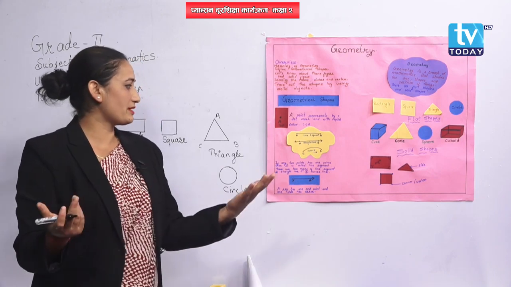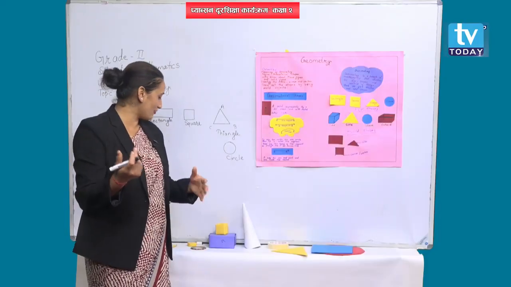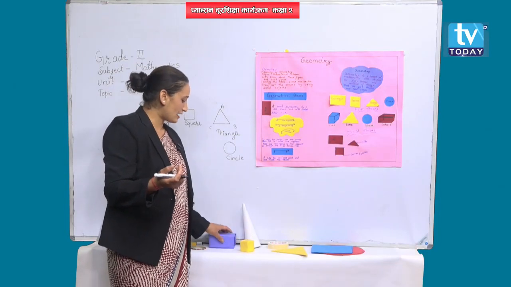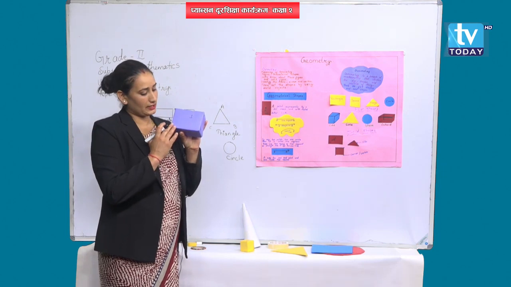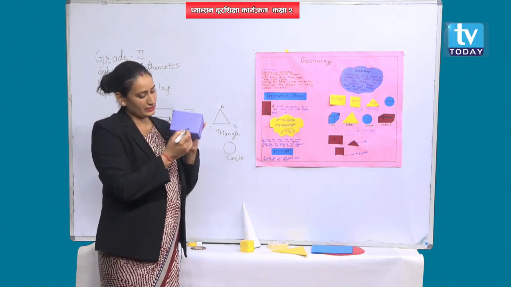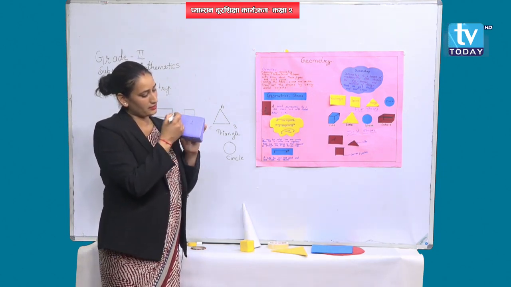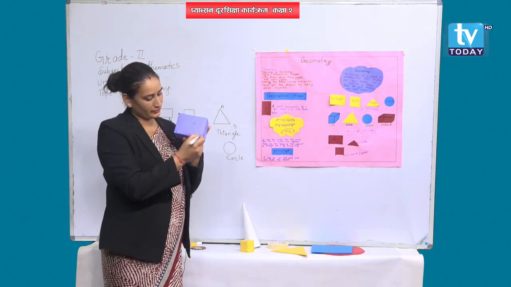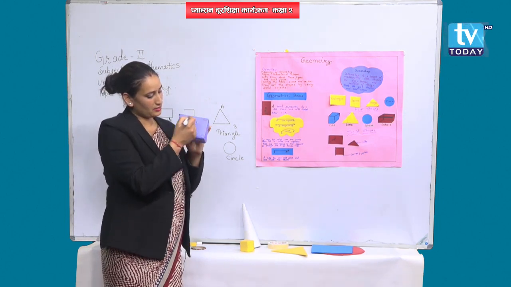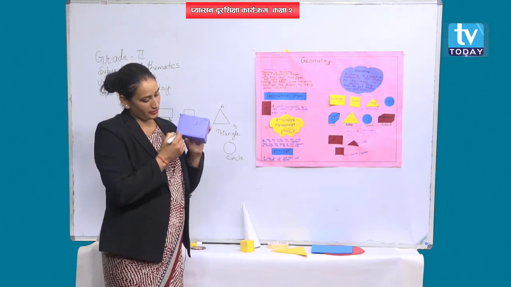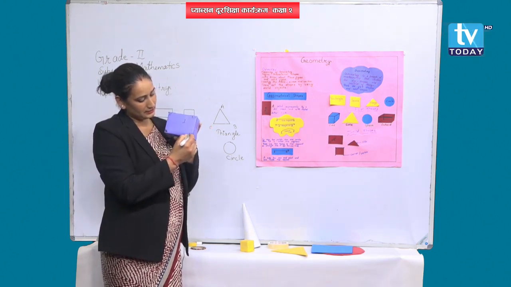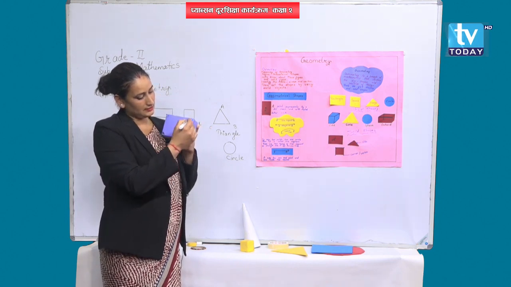Then what have we missed? Nothing we have missed, all completed. Now last one, I want to show you something. See here, in this rectangle, have you noticed this corner side? This corner side we call an angle, which I have drawn here in black.